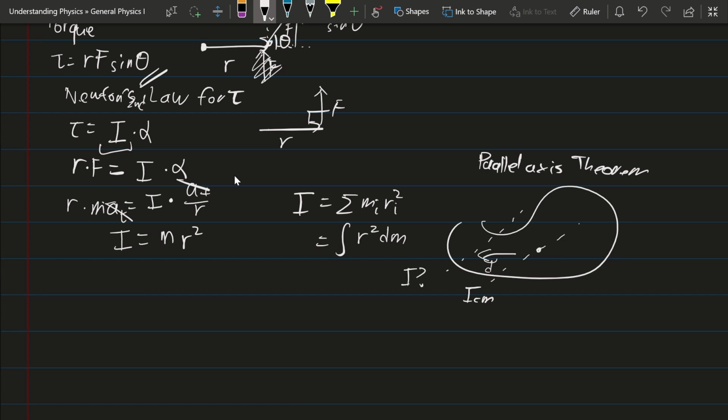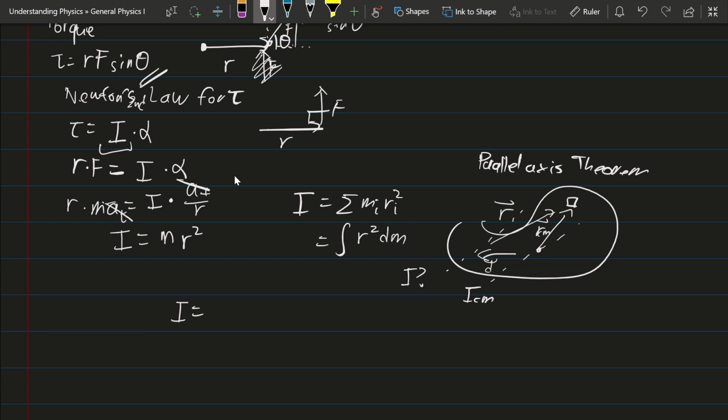Well, this question might seem hard, but if we actually try to understand this much more deeply, we could develop a formula for this. The way that we'll solve this is that we will just assume that we have an arbitrary point. This point here will be described by the r vector cm, while if you take it with the reference of the axis that we're interested in, we will call this our vector.